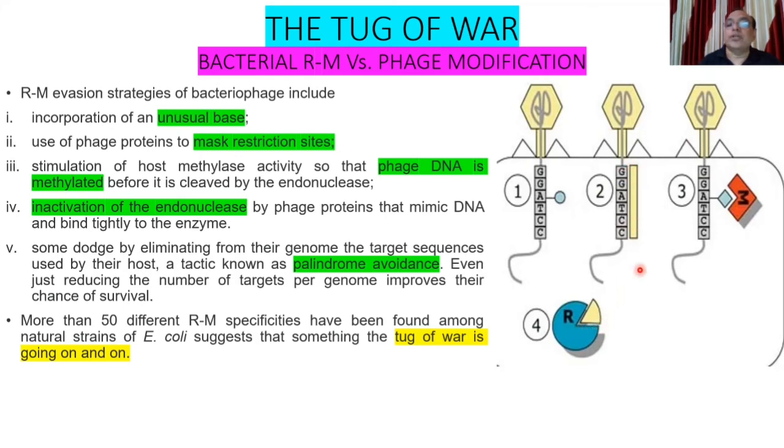So when this restriction enzyme comes here to attack, it will not find its recognition site, and it will ultimately be befooled, and the bacteriophage will save itself, and it will lead to the multiplication of phage DNA, replication of phage DNA, transcription of enzymes, and ultimately the bacterial genome will be broken down by the phage enzymes.